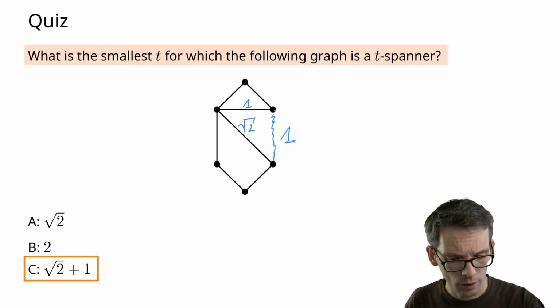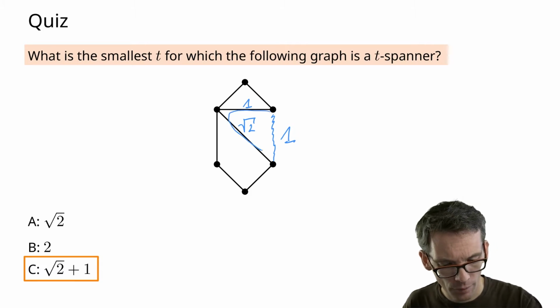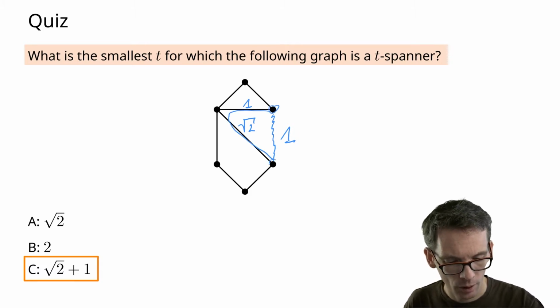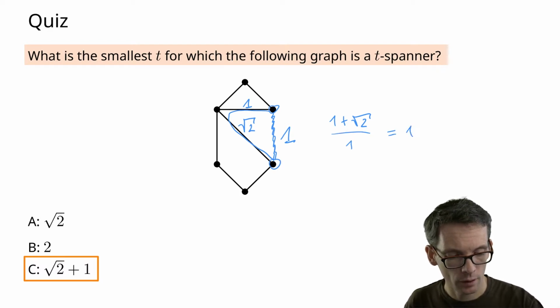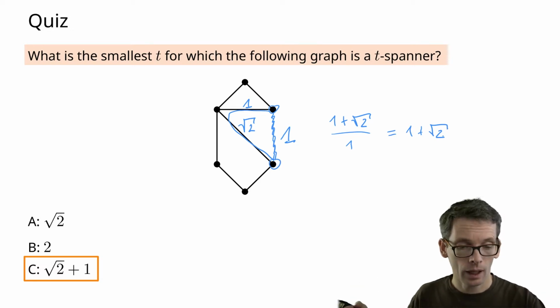So the graph distance, and this path is the shortest path from here to there, the length of that path would be 1 plus square root of 2. Compared to the Euclidean length, this is 1 plus square root of 2. And in this graph, this is also the worst case.